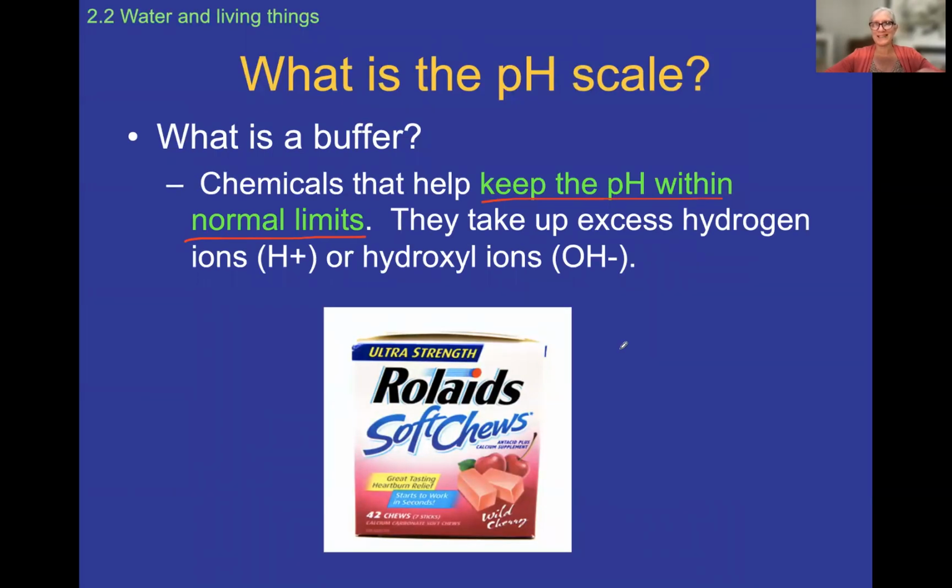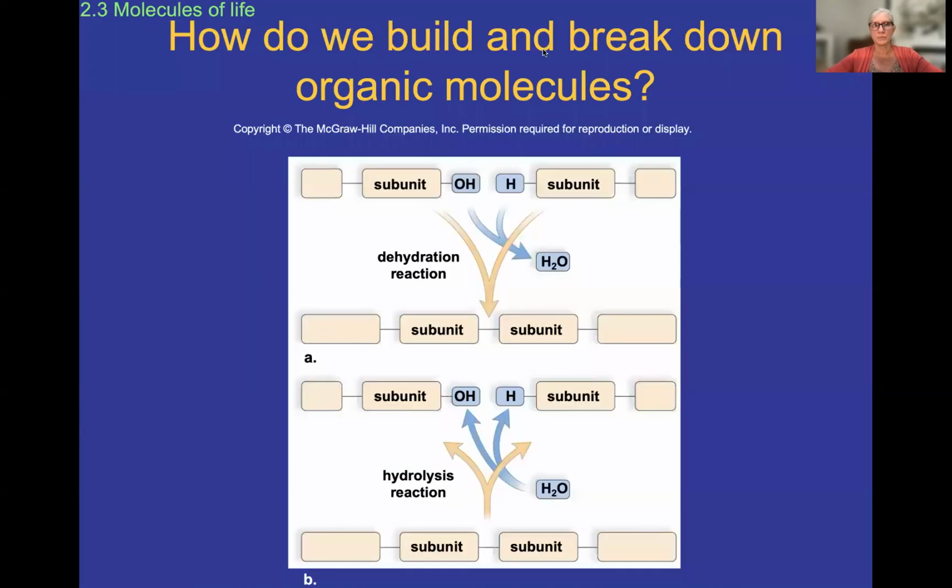So if you had an acidic stomach, you're going to take a buffer like Rolaids. We have done tests in biology class and we've learned Alka-Seltzer actually works much better than Rolaids when we do it in the biology lab. But either way, it would help to increase the pH if you have a very acidic stomach acid.